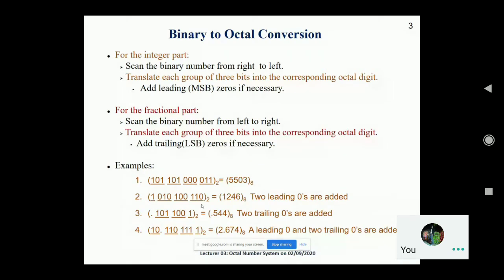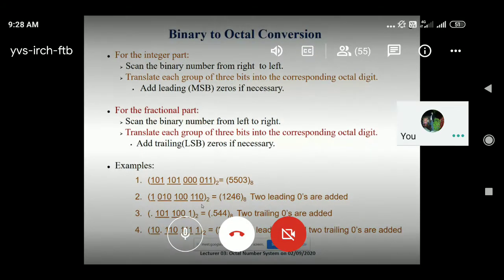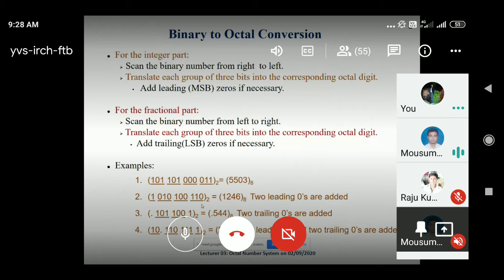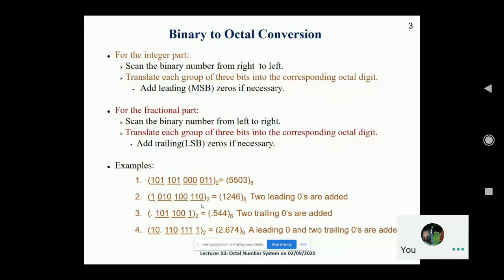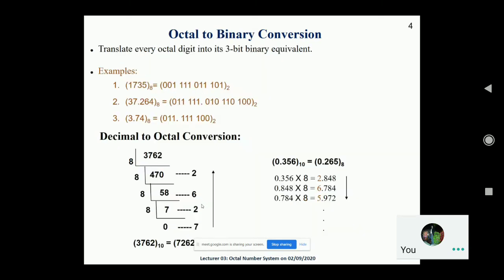Octal and decimal are somehow the same here. Are you getting my point? Any doubt? So the answer is 0.544, and base 8 means we are converting from binary to octal. Any other doubt? Okay, then I am going to the octal to binary conversion.